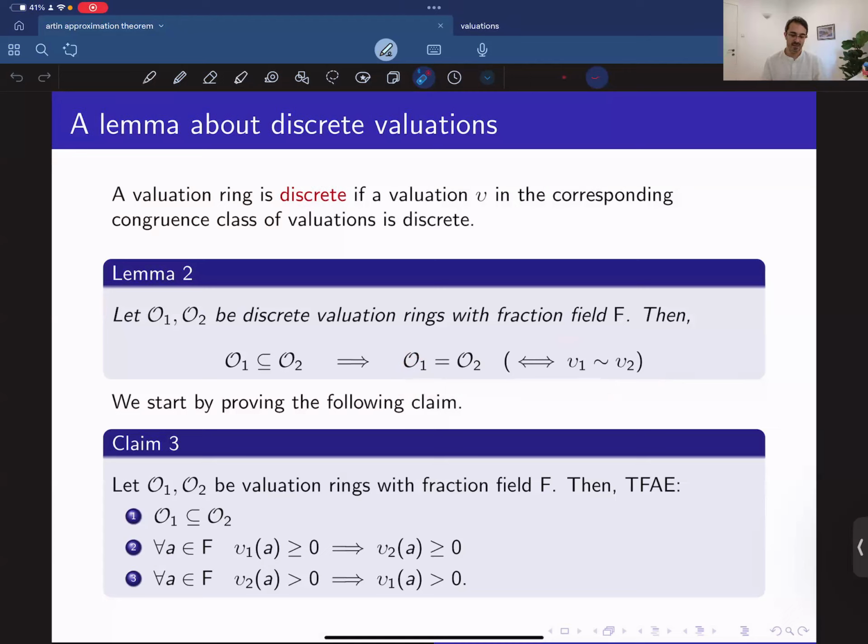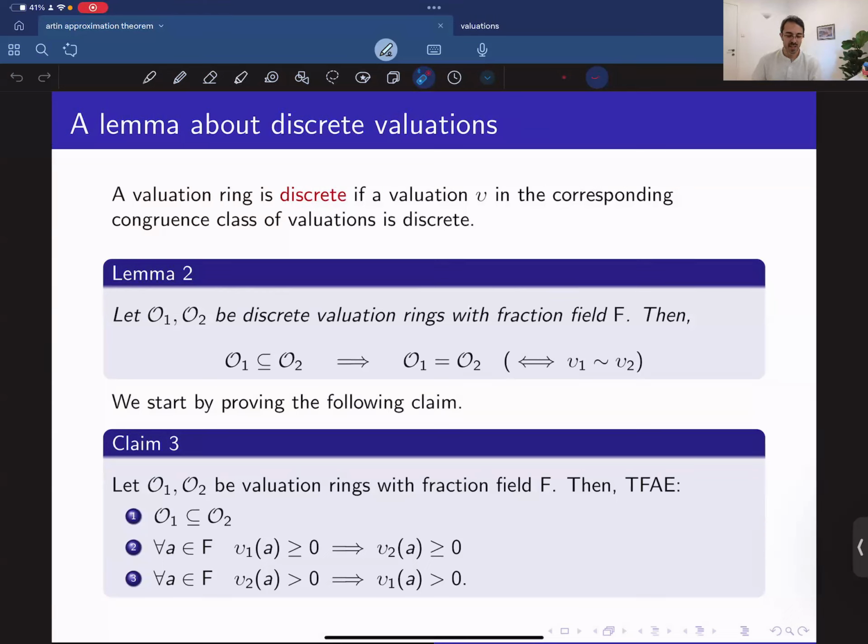This is saying that valuation rings, at least discrete valuation rings, are kind of big. They don't have a hierarchy. All of them are at the same level. No one is contained in the other unless it's already equal to it. We will see other senses in which valuation rings are big, but that's one.